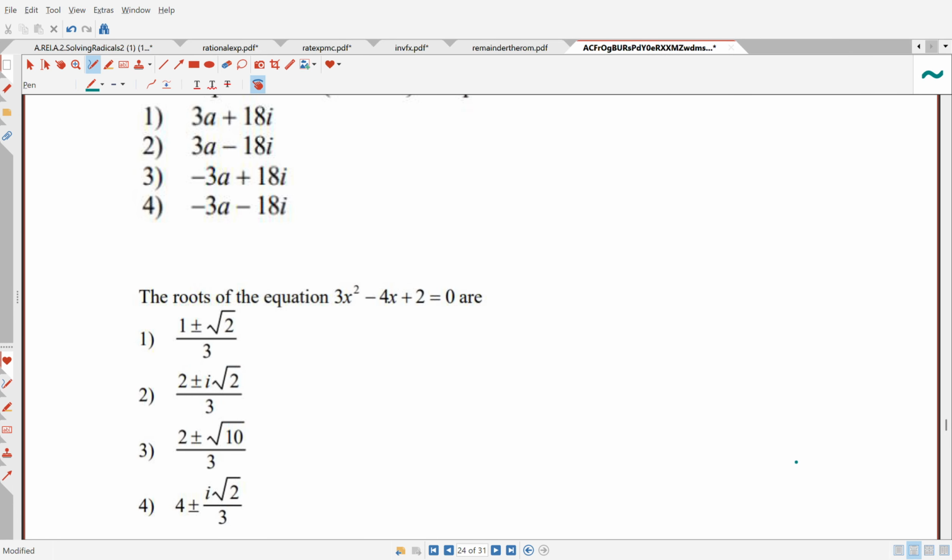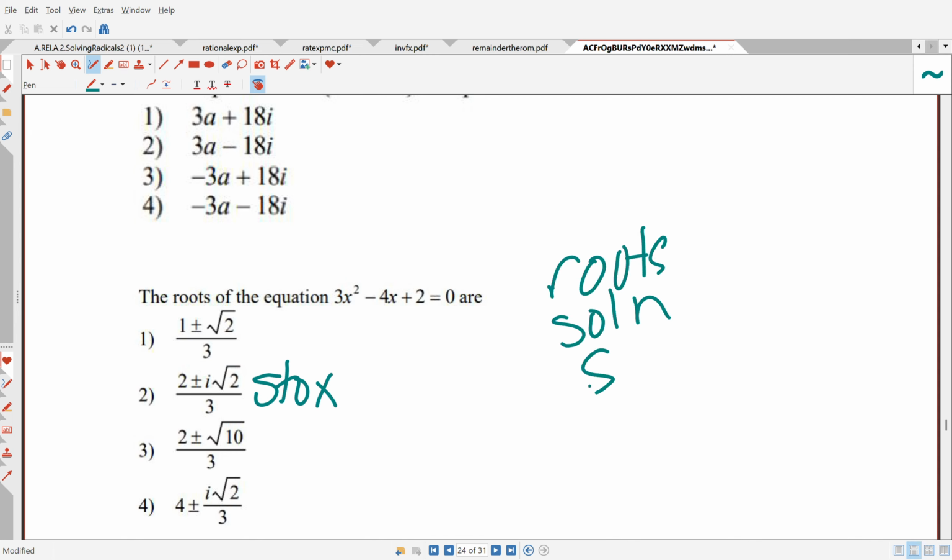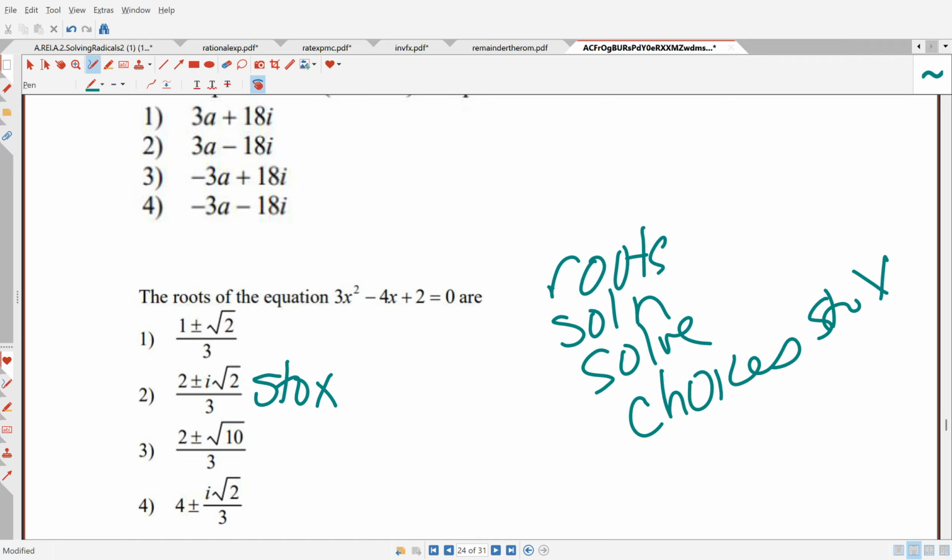But this one, the roots, these are the answers. I want to show you something. We could store this as x and then plug in the choices, because it says the roots. When it says what are the roots or what's the solution or solve, then you use the choices as x because they gave you the answer to one of these.